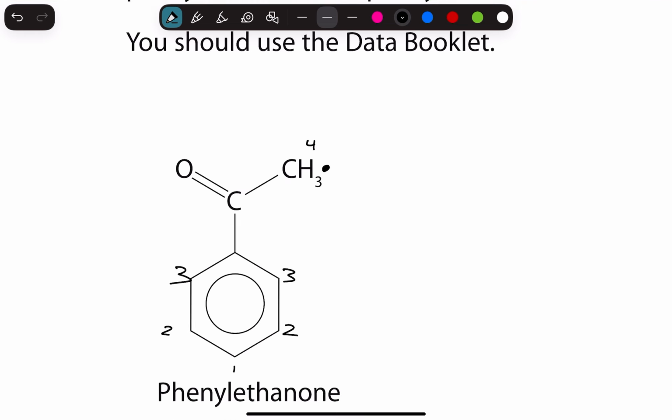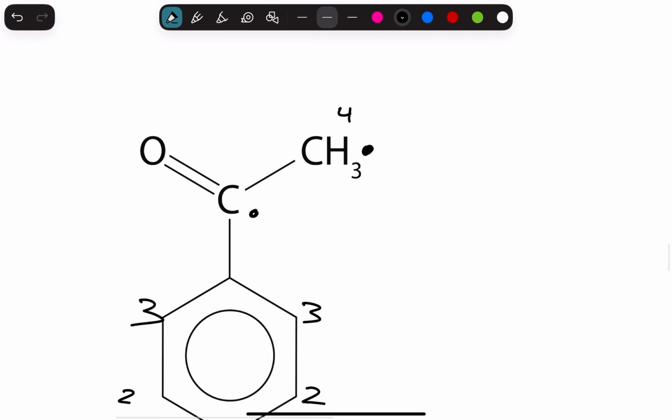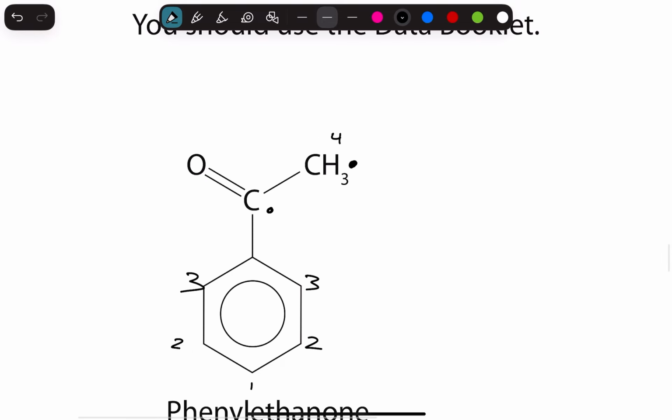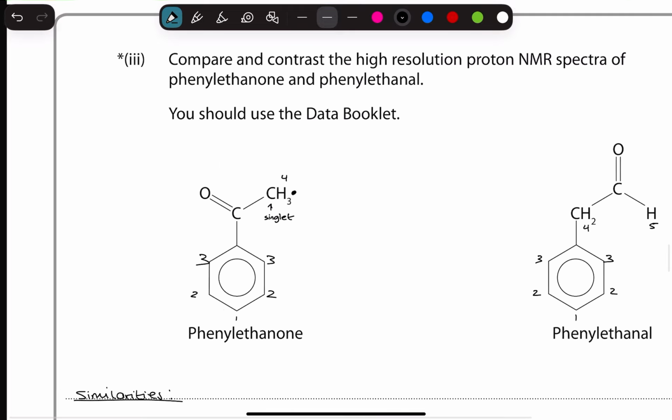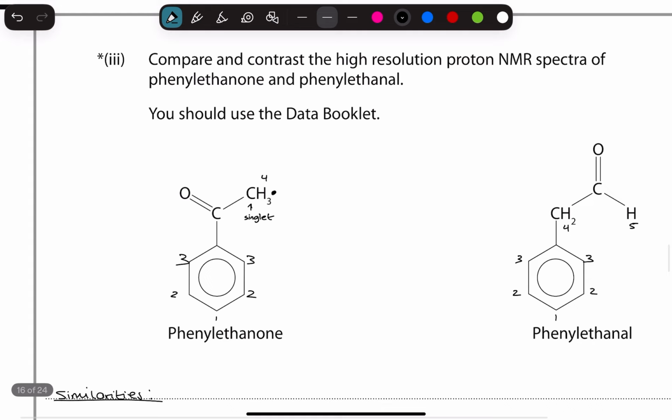You count the number of hydrogens on that carbon and then you add 1 to it, and that will determine if you have a singlet, doublet, triplet or quartet or whatever it goes up to. So here there's no hydrogens, but because of the n+1 rule, you count that as a singlet. So this here would produce a singlet.